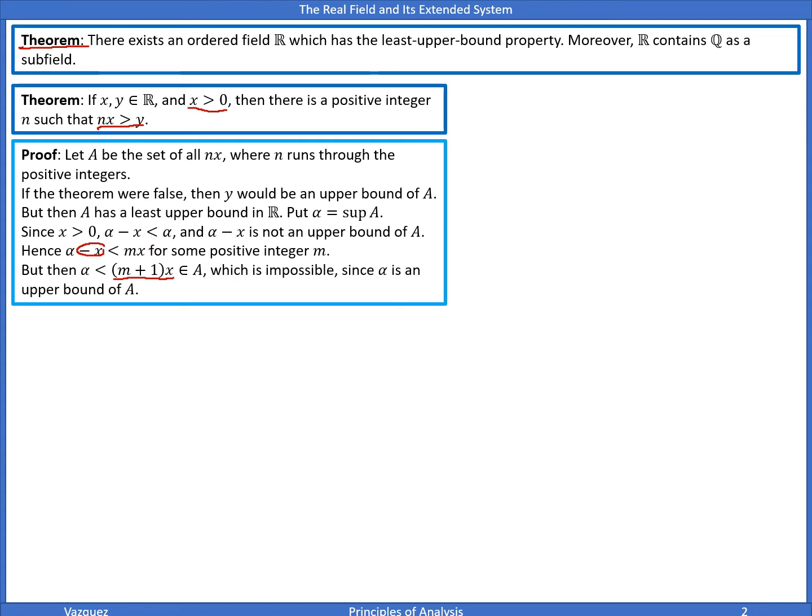So over here, plus x, factor out an x, we have m plus 1. So this here, (m plus 1) times x, is greater than alpha, and it's still in A. But that's impossible, because alpha is the supremum of A, which is also an upper bound. It's the least upper bound, and that gives us our contradiction. Therefore, this theorem is true.